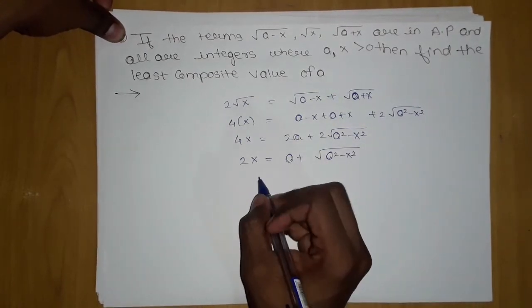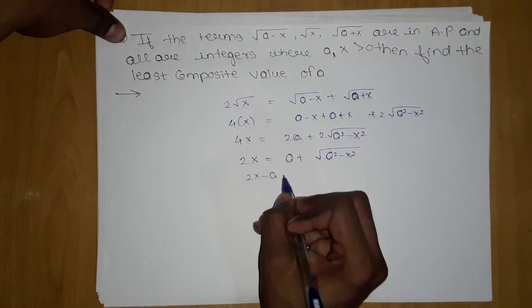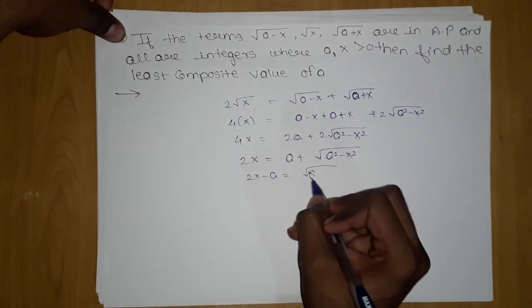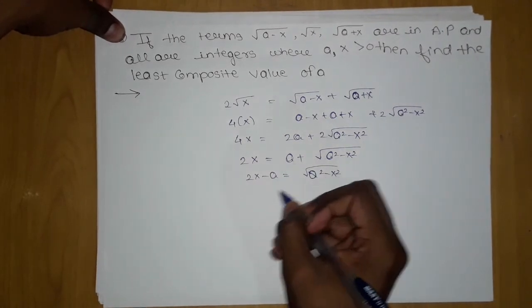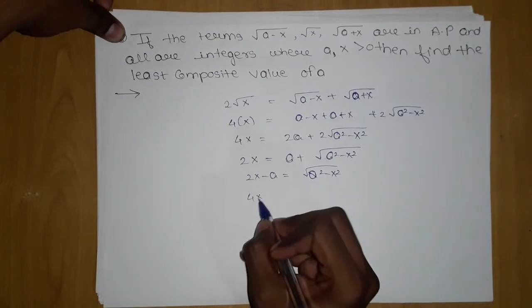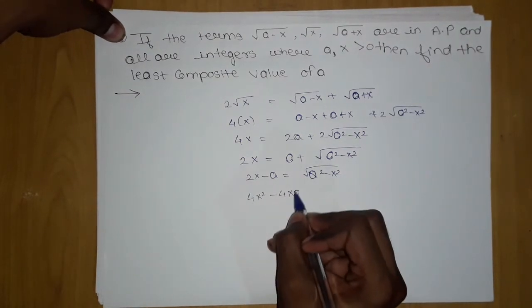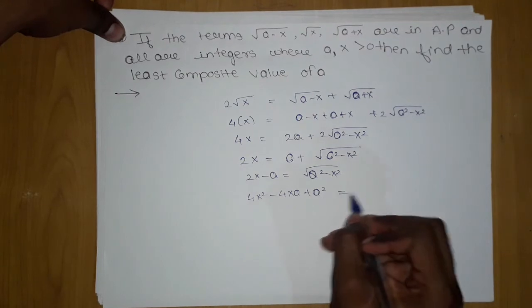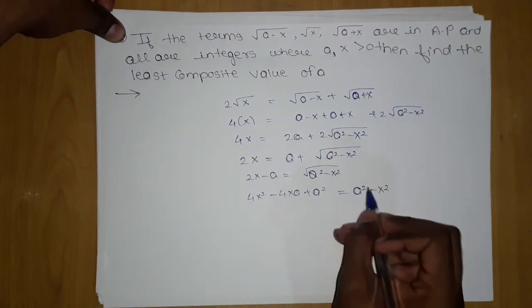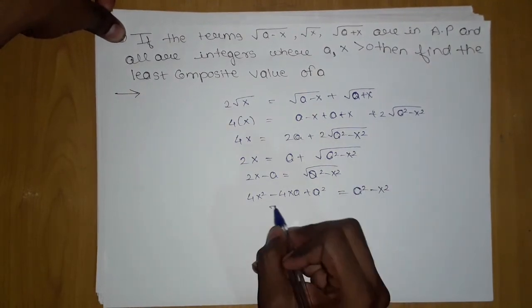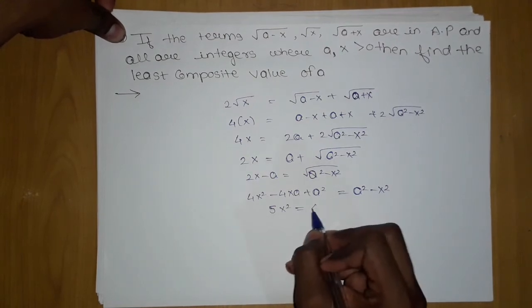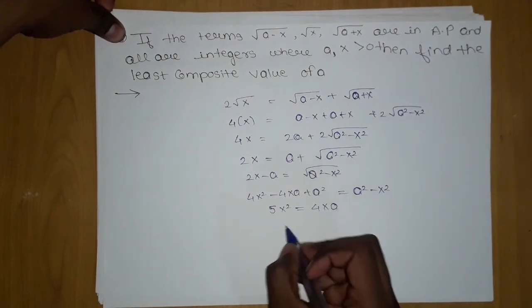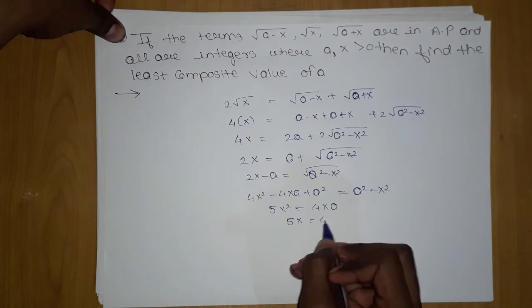So 2x minus a equals under root (a square minus x square). Squaring, 4x square minus 4xa plus a square should be equal to a square minus x square. The a square will cancel out, giving me 5x square equals 4xa. The x will cancel out, giving me 5x equals 4a.